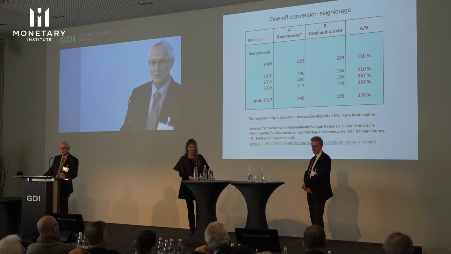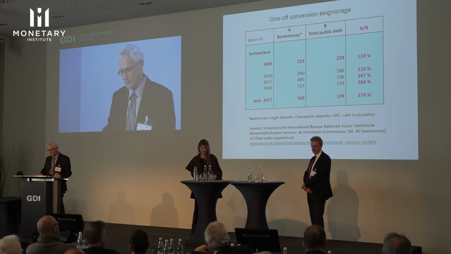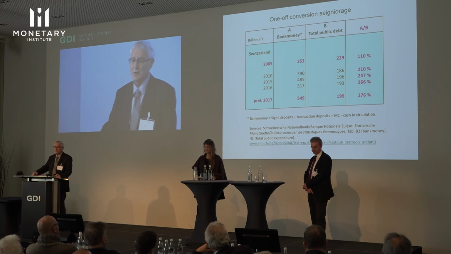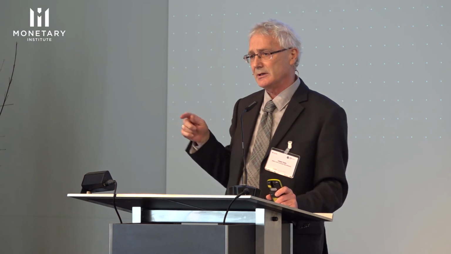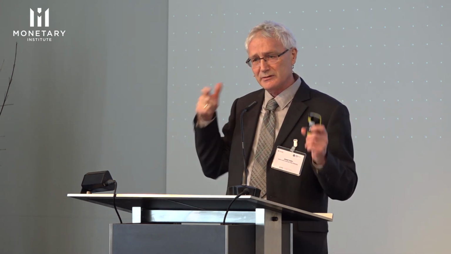And what is more, there will be a one-off conversion seigniorage of a considerable order, and where does that come from? Again, it's not taken away from somebody. It's not taken away from the banks, because that money actually today doesn't exist. Bank money is not positively existing money.